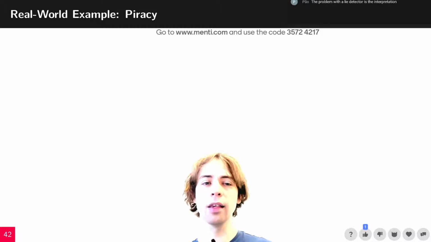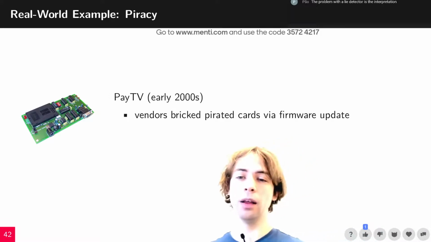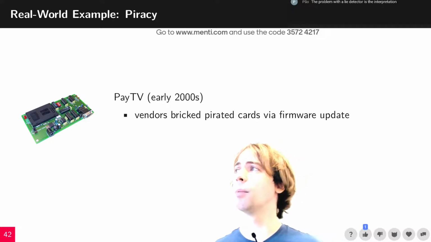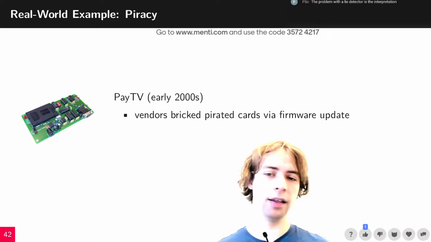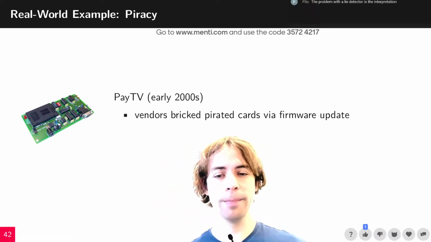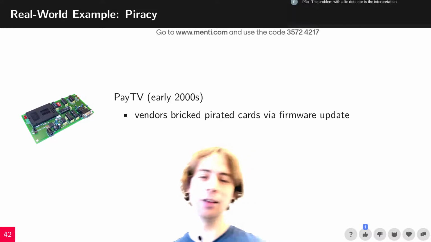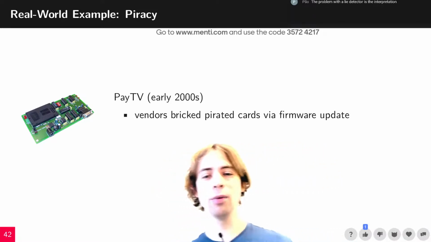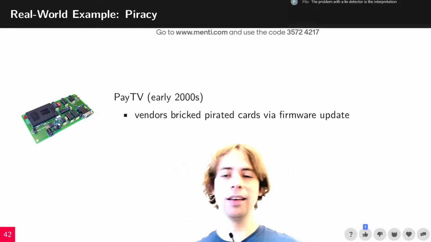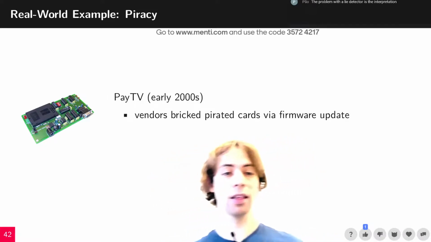And you might know these from actual piracy examples already. Pay TV, for instance, in the early 2000s, there was Premiere, which was pretty much the predecessor of Sky that you still know today. And there the non-legitimate users of this pay TV network used pirated cards that were not legitimate, and the vendors actually were able to break these pirated cards via firmware updates.